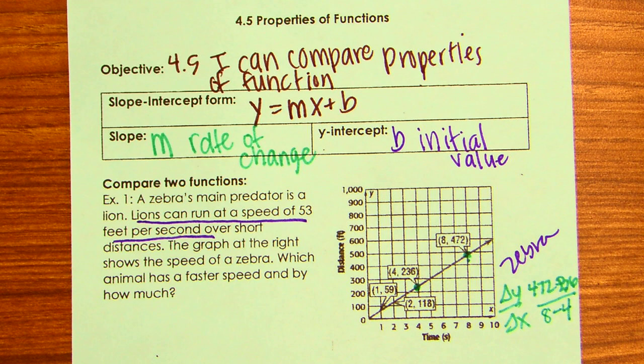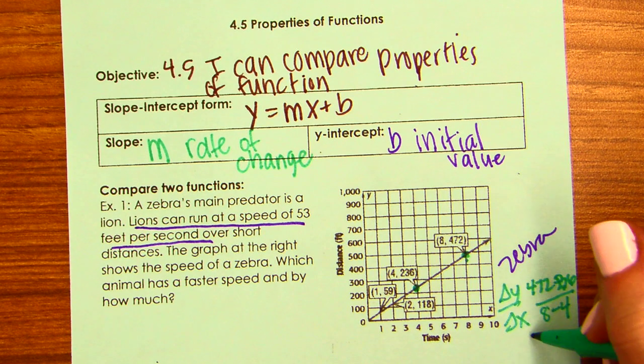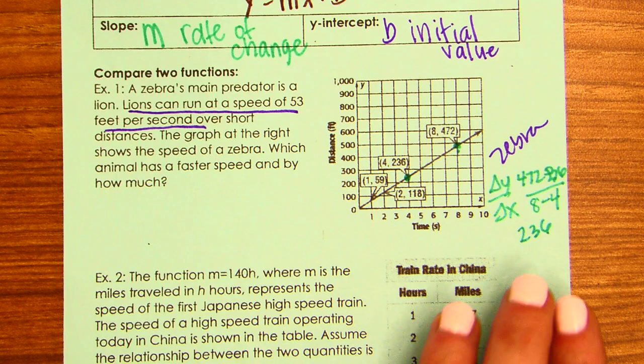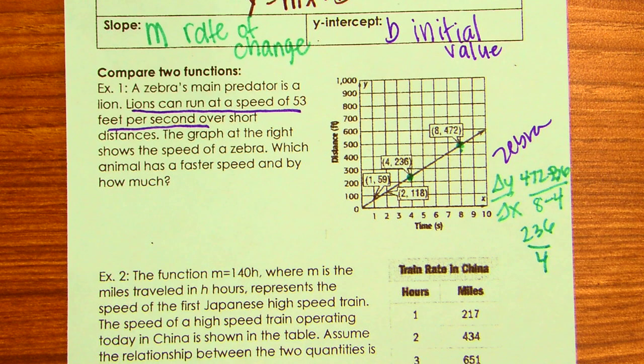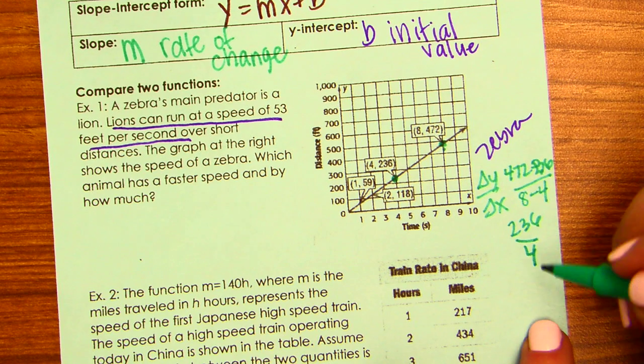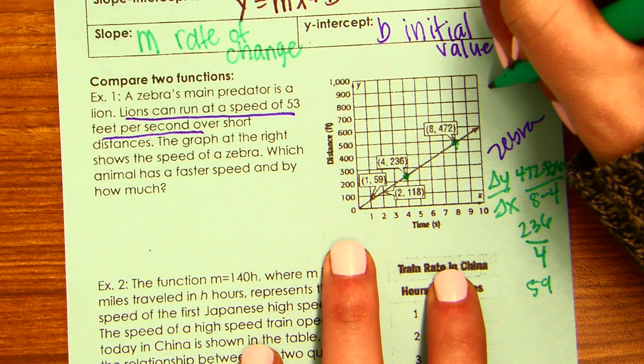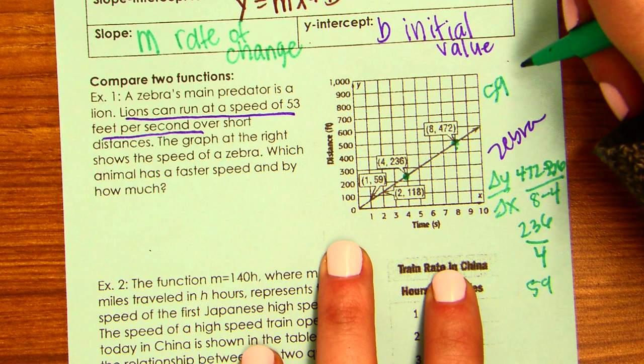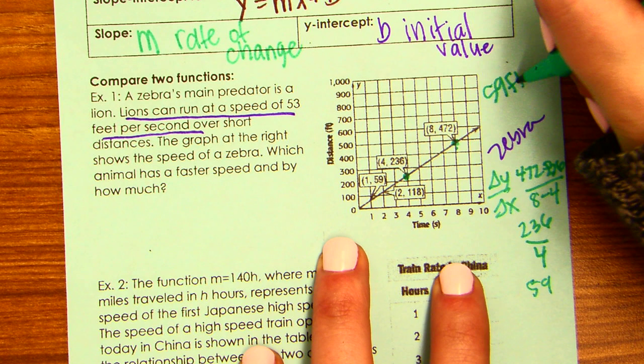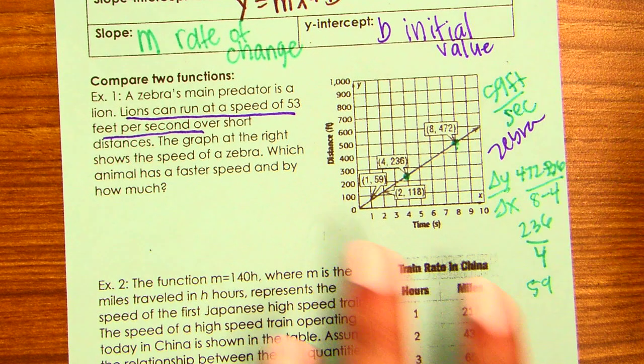So 472 minus 236 is 236 over 8 minus 4 is 4. I can simplify that to 59. So a zebra runs 59 feet per second. And I can find that anywhere on the graph.